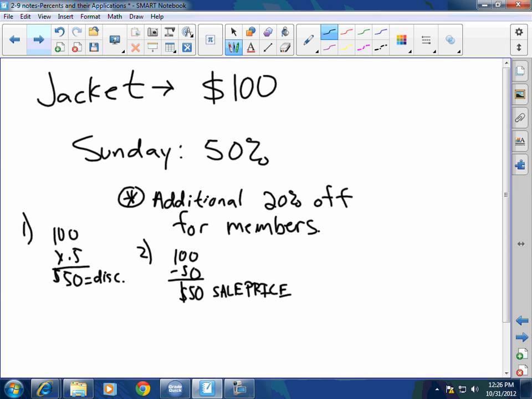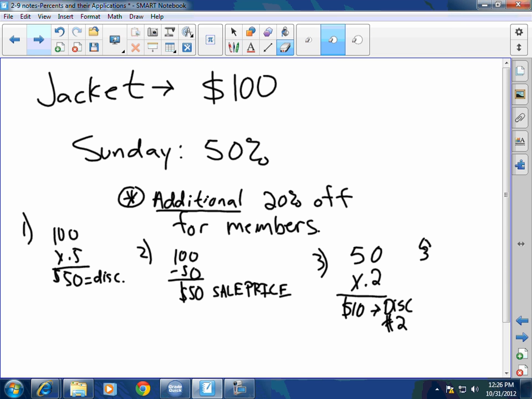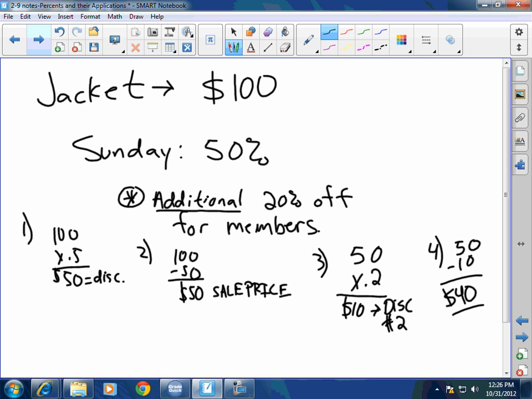That's wrong, because that's 70% off of the original. This is 50% off the original, and then it says an additional 20%. So now you take the $50 sale price, multiply that by 20%, which is $10. This is your discount number 2. Now you take the $50 sale price minus your second discount of $10, and you end up paying $40.